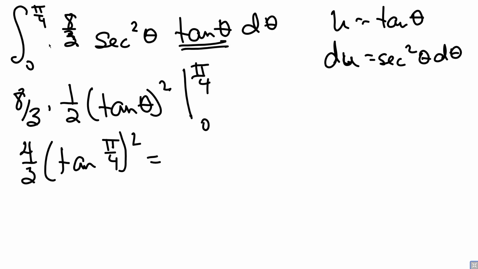So we have 1 squared, which is 1, times 4/3. So we end up with 4/3, and there's our solution. Any questions?